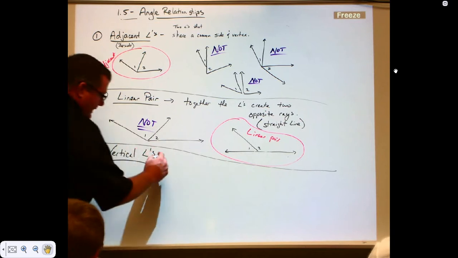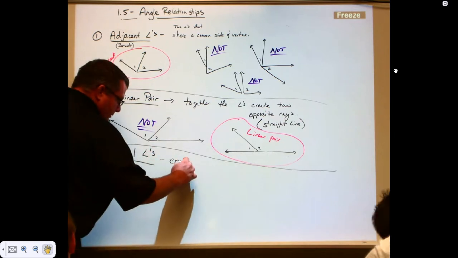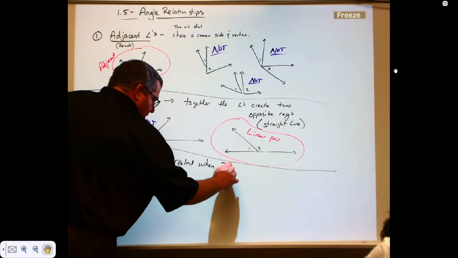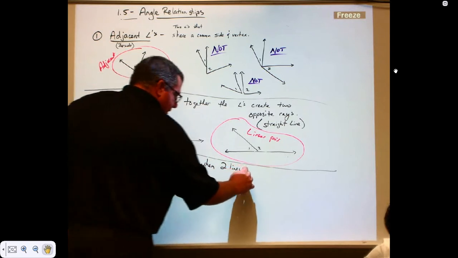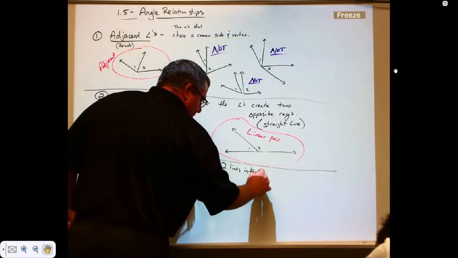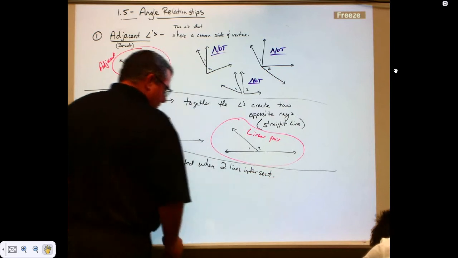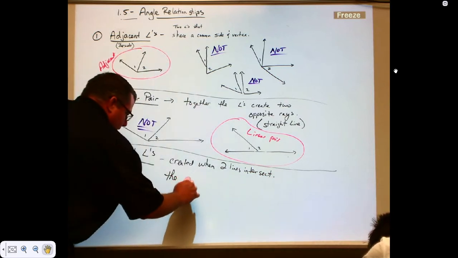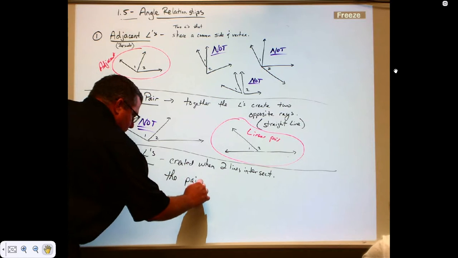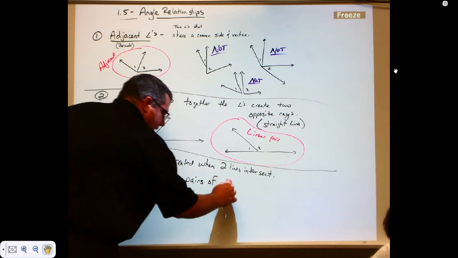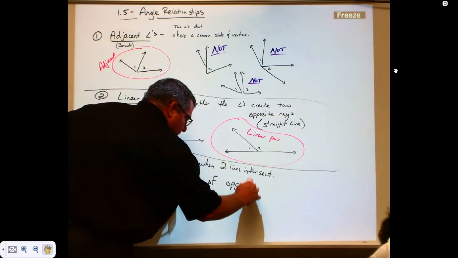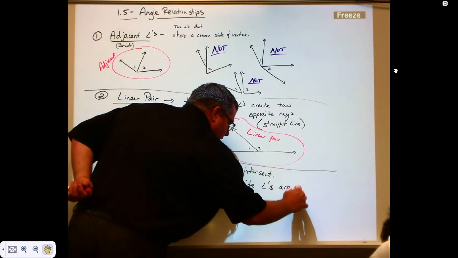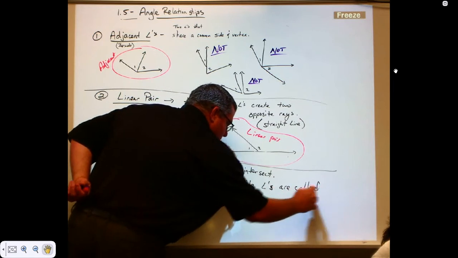These are created when two lines intersect. The pairs of opposite angles are called vertical angles.